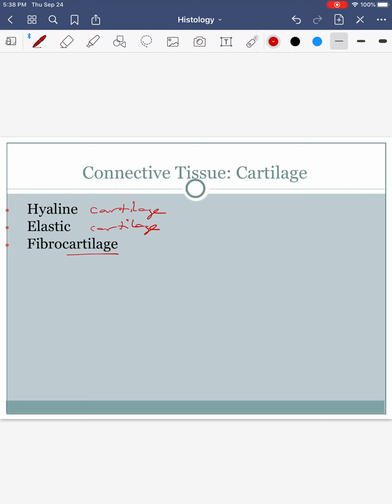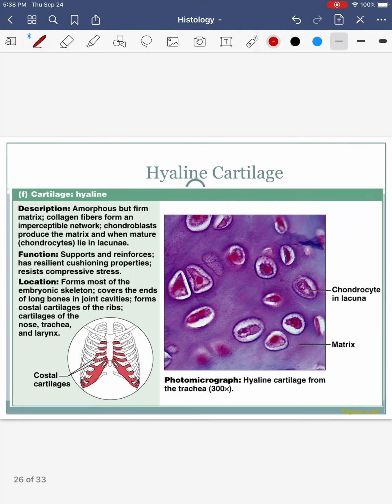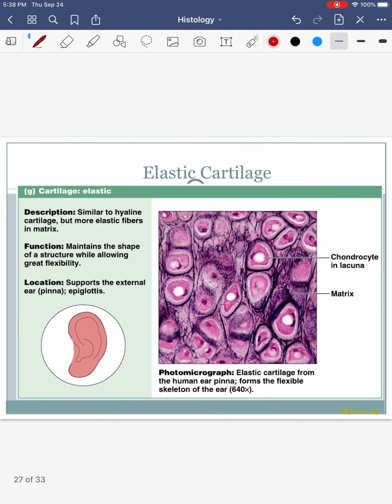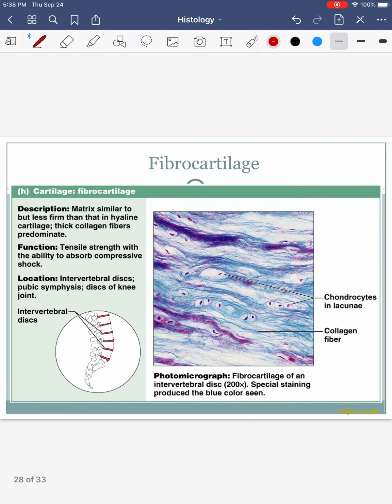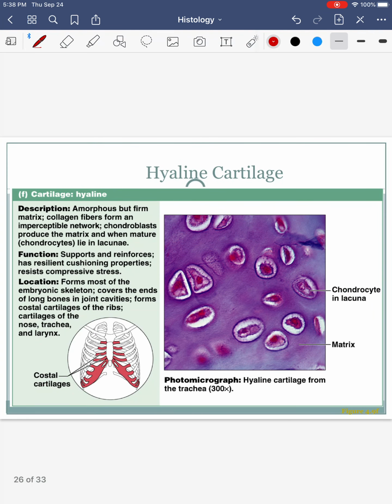Okay, now as a group, I'm going to give you a characteristic that I think helps, all right? So all 3 cartilage types, here is hyaline cartilage, here is elastic cartilage, and here is fibrocartilage. All 3 of them have what I say looks like eyeball cells. So let me switch to black, might be easier to see.